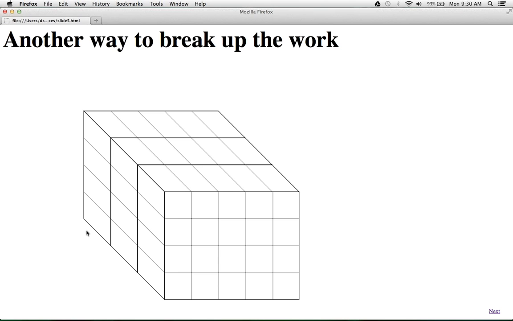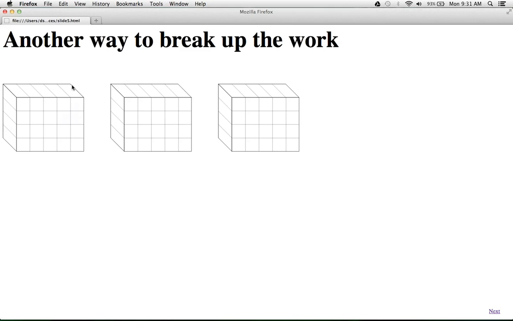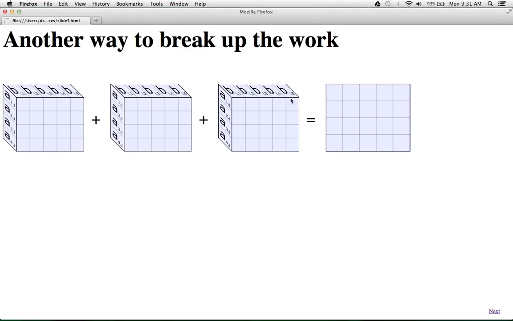where instead you say that it's the row, or the column times the row, plus the column times the row, plus the column times the row, equals the full matrix.